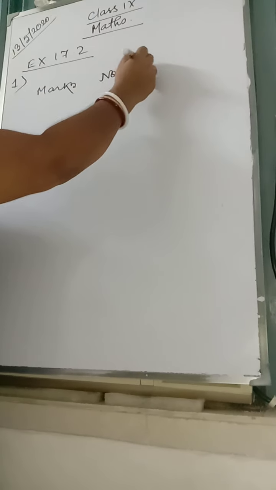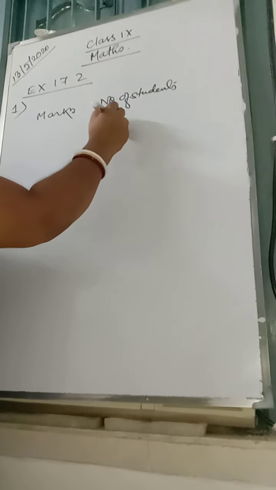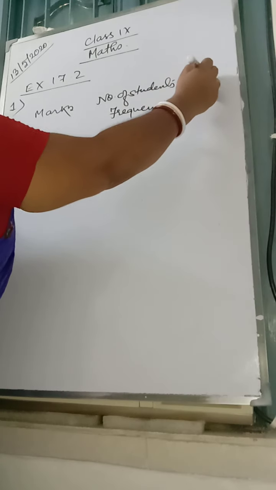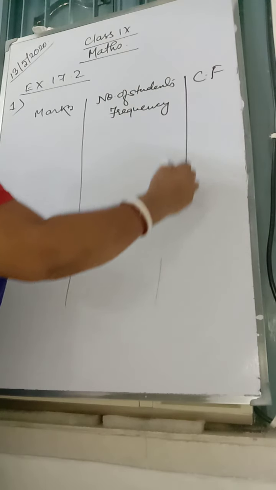the given table. Now here you have marks. Second column you have number of students. Means this is frequency only. And next we have cumulative frequency that I am writing CF. Clear? Now all the sums we have to do in this way only.